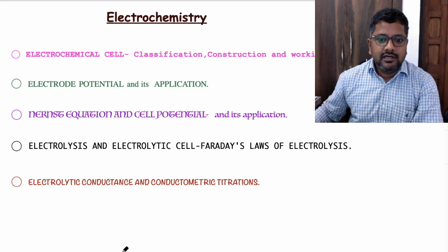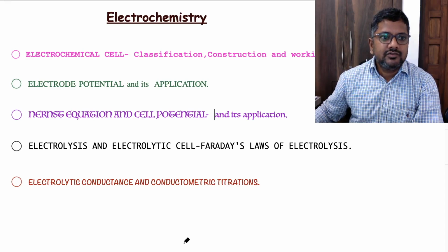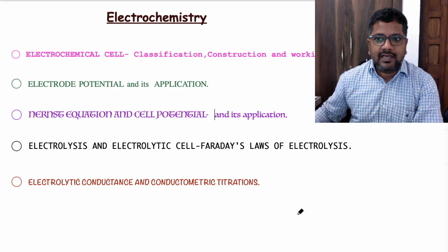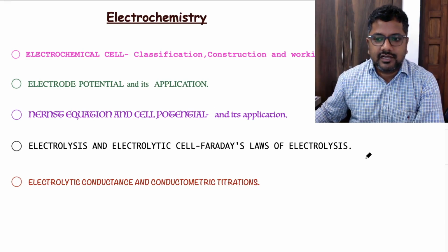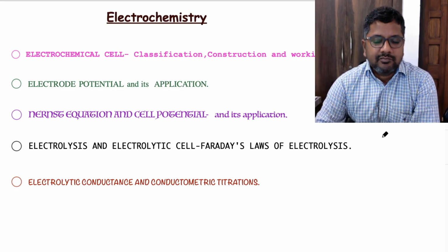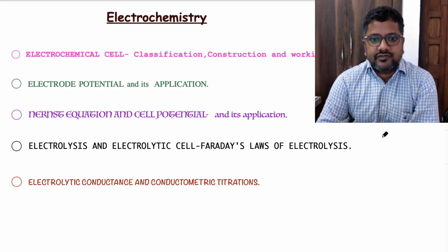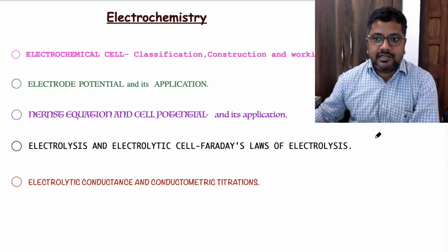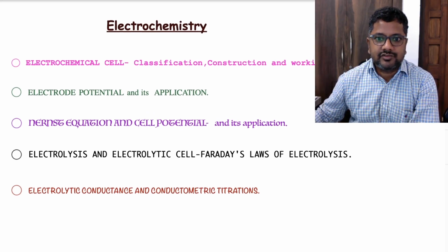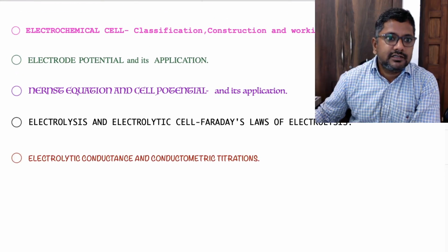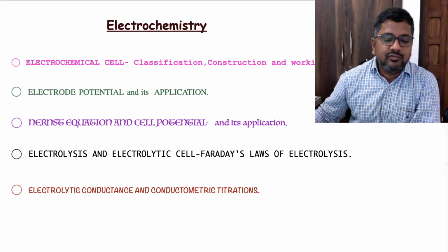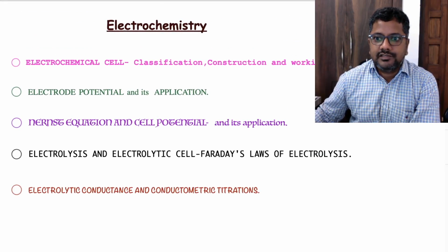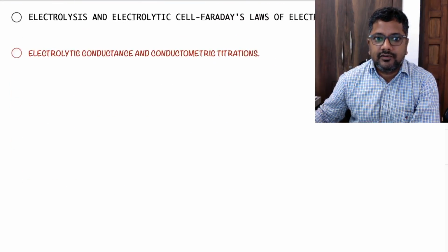In the gaseous state, ions are highly unstable. So the chemistry of aqueous systems, particularly for ionic species, you can explain with the help of this chapter, electrochemistry. This is one of the most important chapters of your subject.